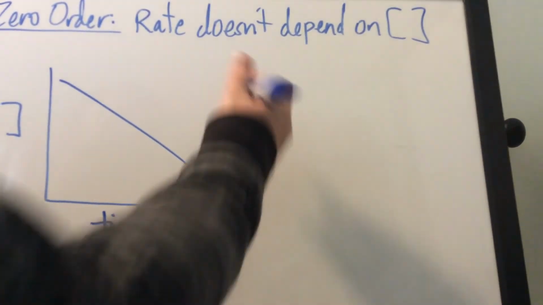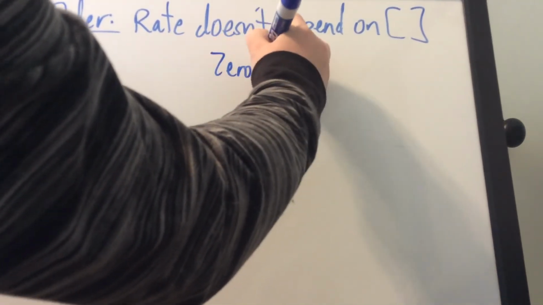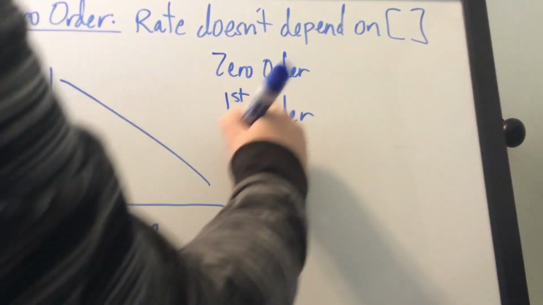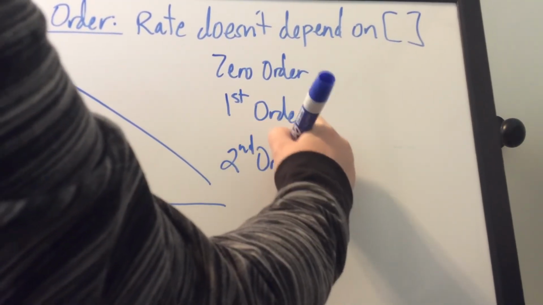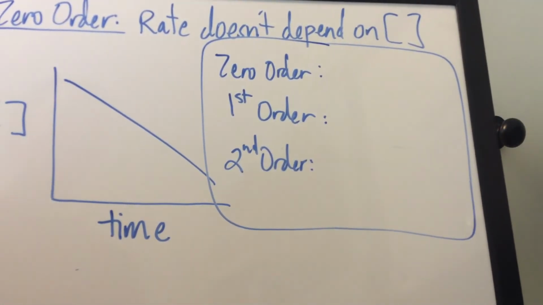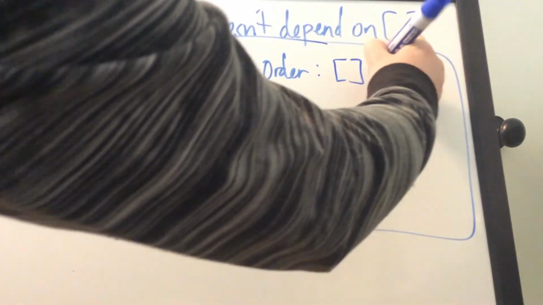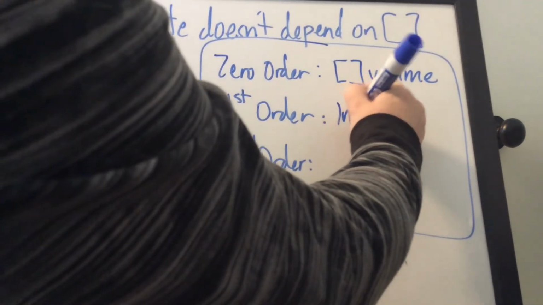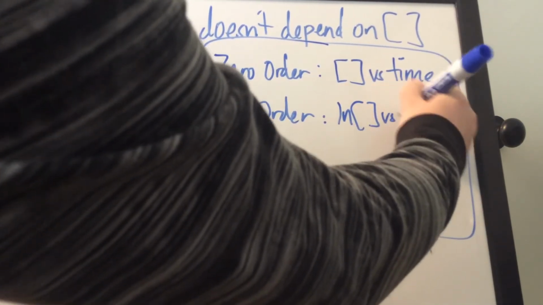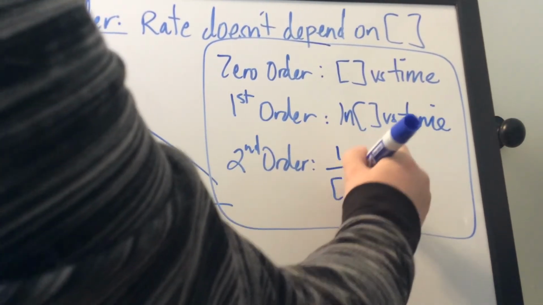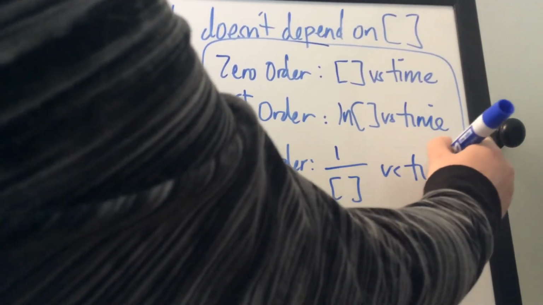So let's do a little summary here, and this is what will go on a takeaway sheet. This is what the AP test will expect you to know: which graphs are straight lines for the 3 types. Zero order, it's concentration versus time. First order, it's natural log of concentration versus time. And second order, it's 1 over concentration versus time.